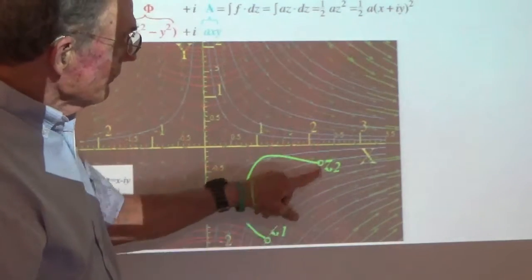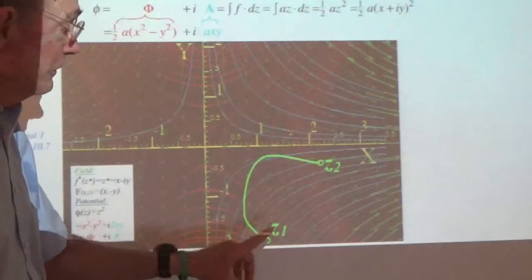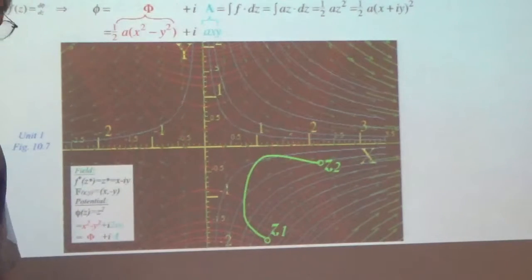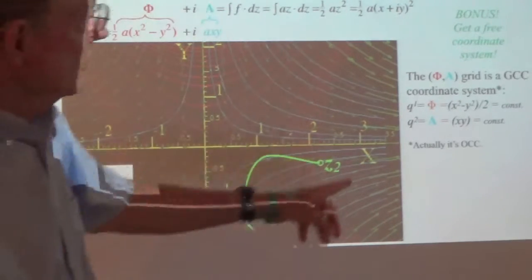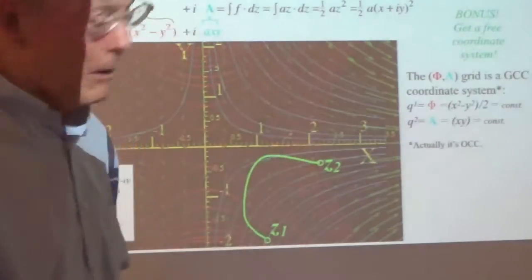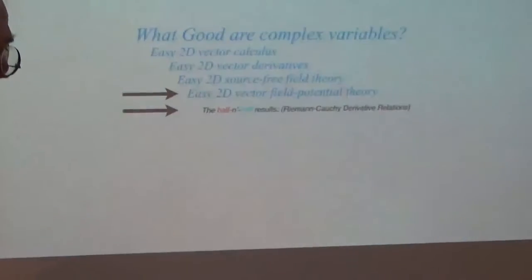So the amount of force that it takes to go between these two is just given by subtracting the potential here from the potential there. That's what it means to be laminar, curl-free, divergence-free flow. Okay. So I'm reminding you here that this is a coordinate system that's part of a problem that you've been given for this week.